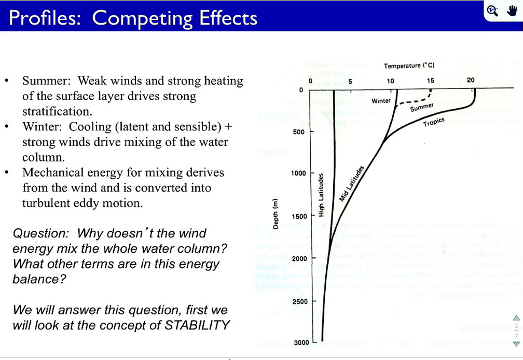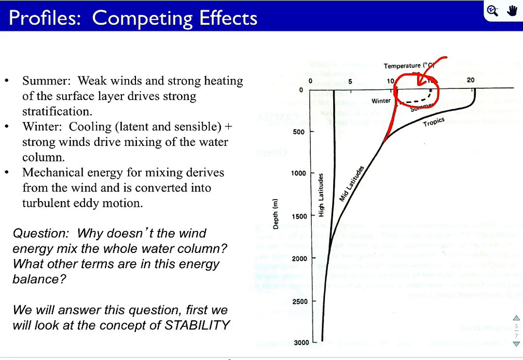Essentially, we have a competing effect because during the summer we have weak winds and strong heating, and that's what produces the stratification. The winds would like to destroy that stratification, but they are weak, and the heat forcing is increasing the stratification. Once fall starts, essentially September-ish, late September, we get cooler periods and stronger winds, and they start to erode the stratification until it arrives at a winter profile.